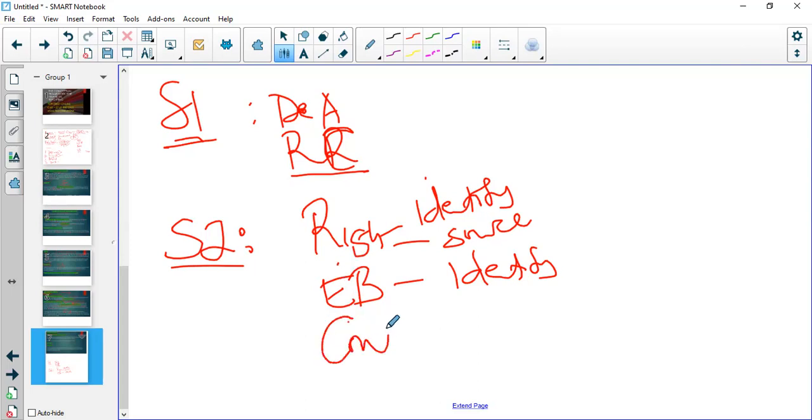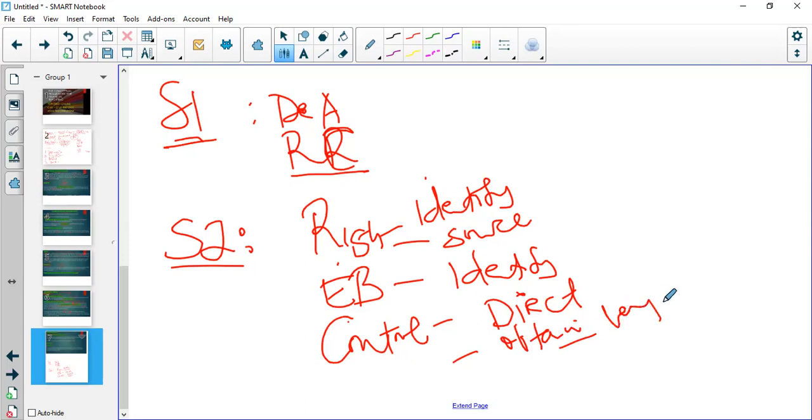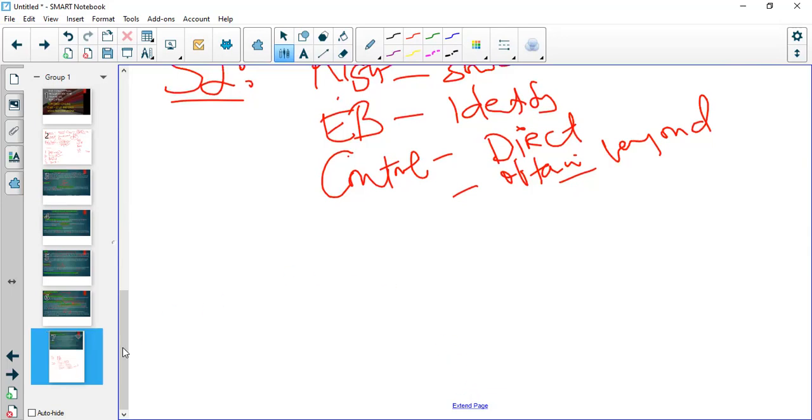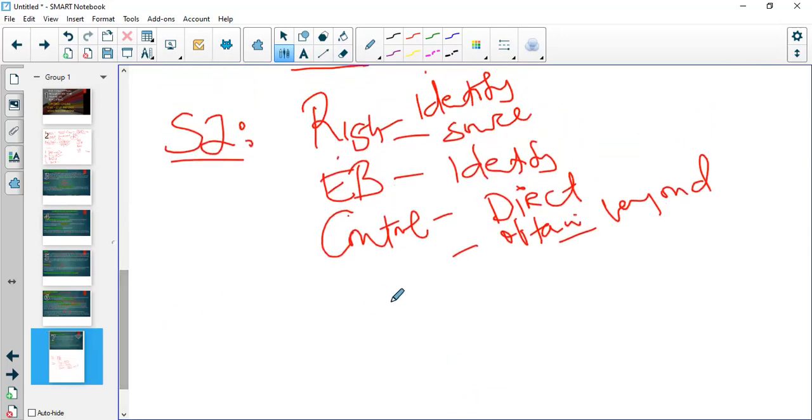Then control. We need to demonstrate that they can direct the use of the right? And they can actually obtain benefits by doing so. And these benefits should be beyond those which are available to others, right? Then the past event, we need to identify the past event.